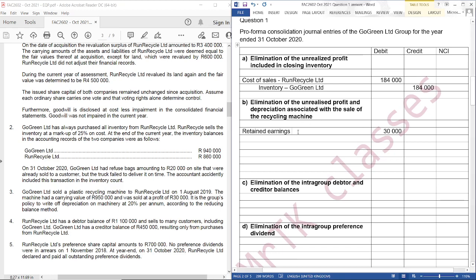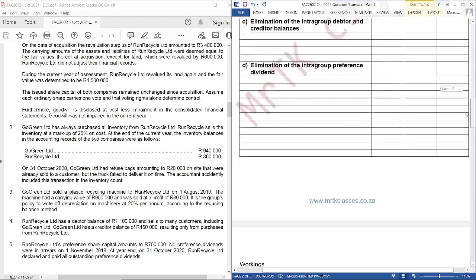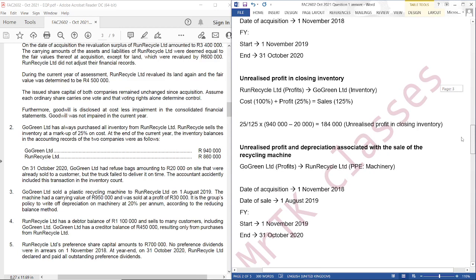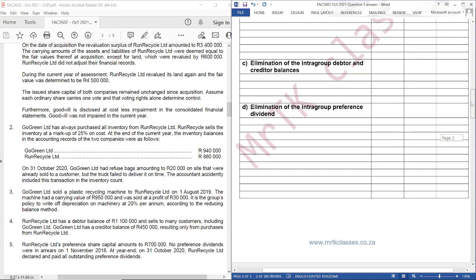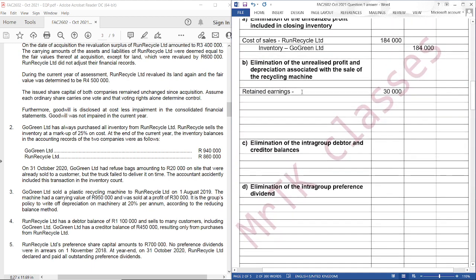Retained earnings is in the books of Go Green Limited, because that's where we have our profits.